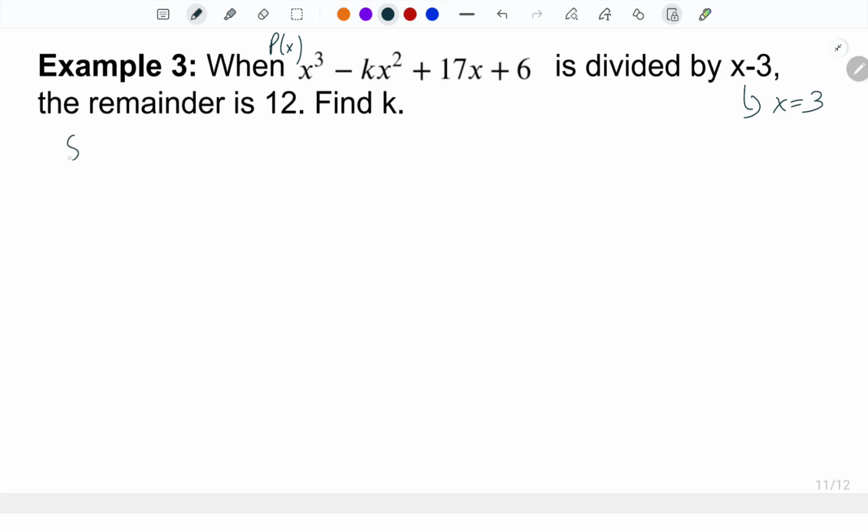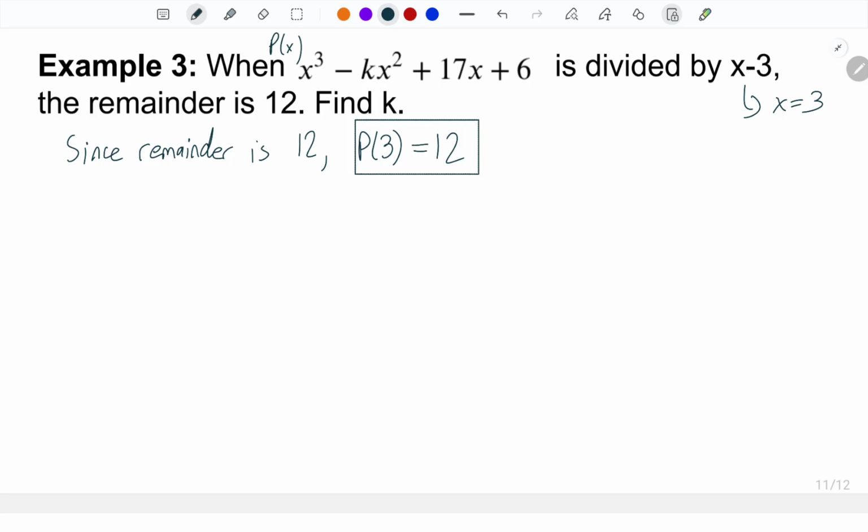So since the remainder is 12, we know that when we substitute that number into our polynomial, p of 3, it must equal 12. That's the key thing. That is using the remainder theorem. So what can we do? Well, let's just substitute in 3, just like we did with the previous questions.